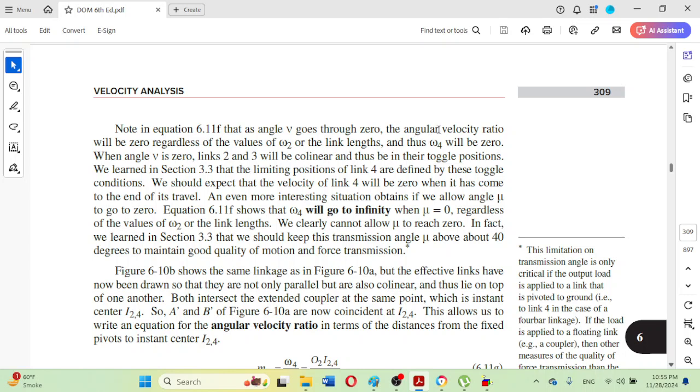As we can observe here, the angular velocity ratio will be 0 regardless of the values of omega 2 and the link length, and thus omega 4 will be 0. When the angle V is 0, links 2 and 3 become collinear, thus in the toggle position.